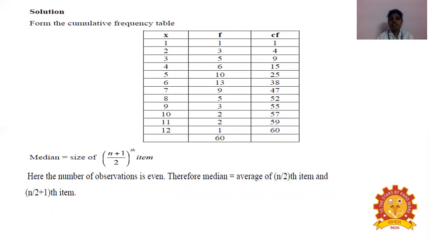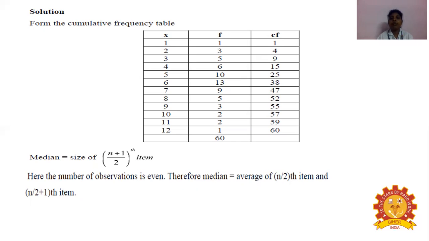Next column is frequency: 1, 3, 5, 6, 10, 13, 9, 5, 3, 2, 2, 1. Now find the n value, that is the total of frequencies, which is 60.